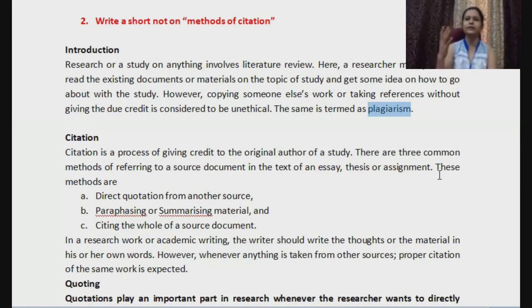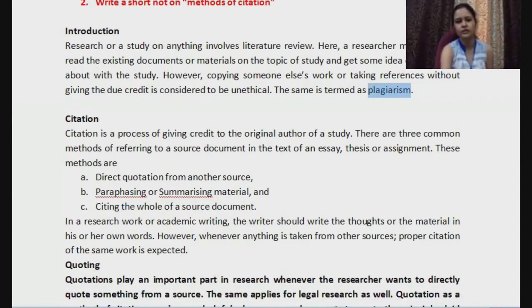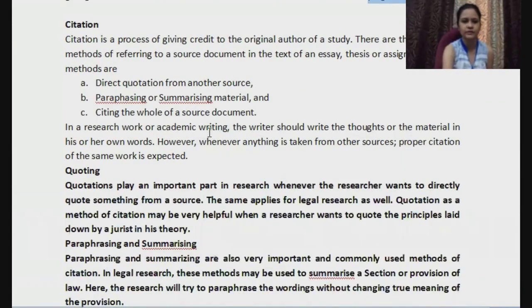Whether you are writing an article, some assignment, or a thesis of some PhD program, you have three main ways of citing someone else's work. What are these three different ways or modes? We are going to see that.